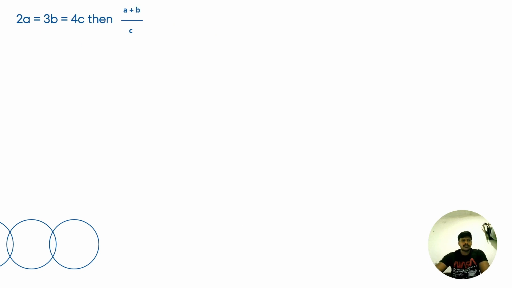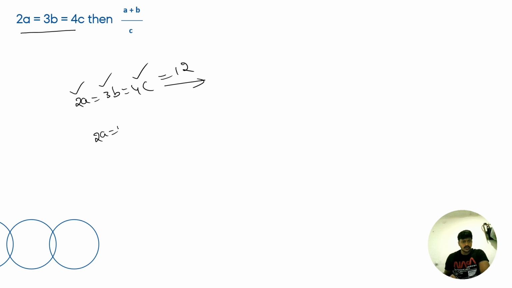Let's move on. Second one, what if it's in the form p into q? Then what are you going to do? When you have it in the form of p into q, like 2a equal to 3b equal to 4c, then what you can do is assume that all of them are equal to their LCM. In our case, what is the LCM of 2, 3, and 4? 12. Assume that all of them are equal to 12 and find out the values of a, b, c separately.